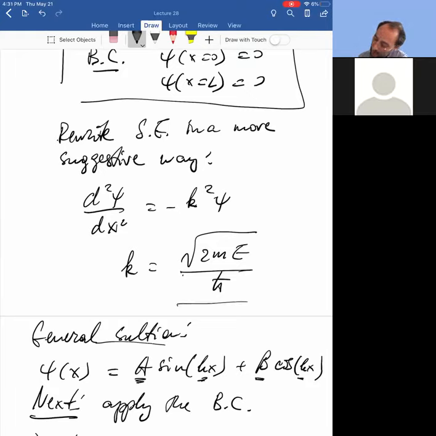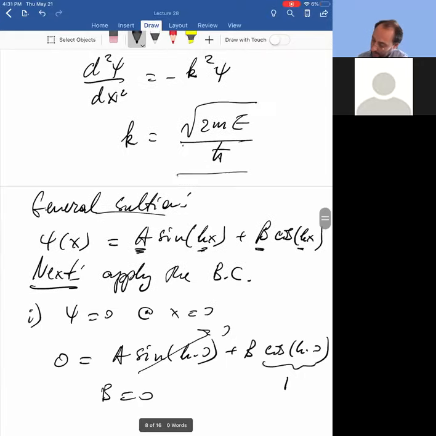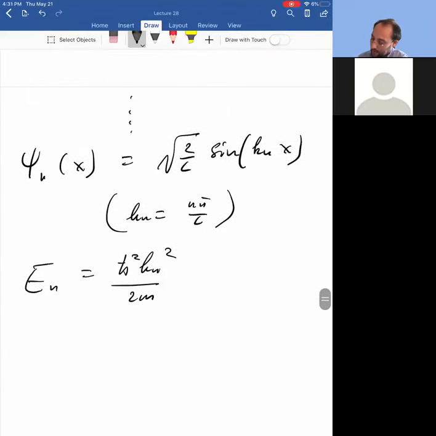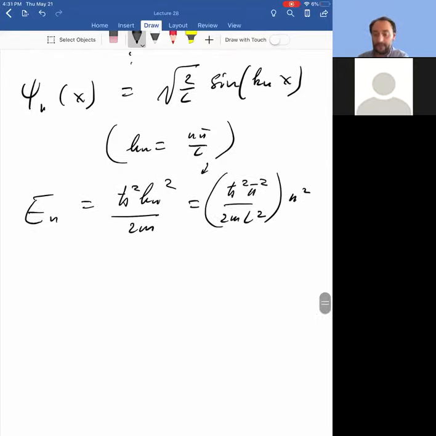So you can square it and you get E sub n. And now if I put this in, I get h bar squared pi squared over 2mL squared. It's just a bunch of constants times n squared.